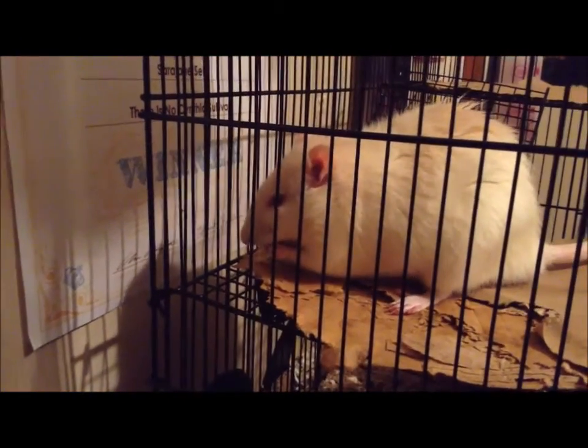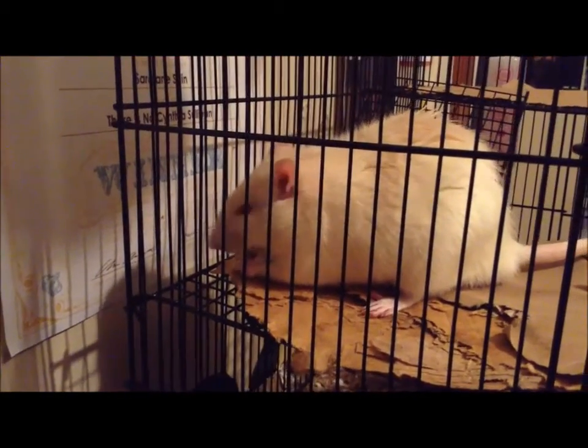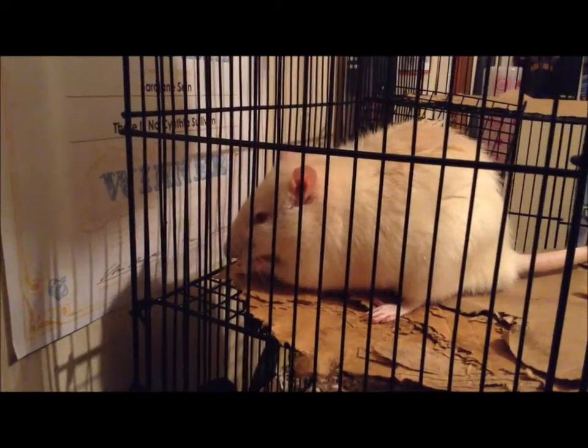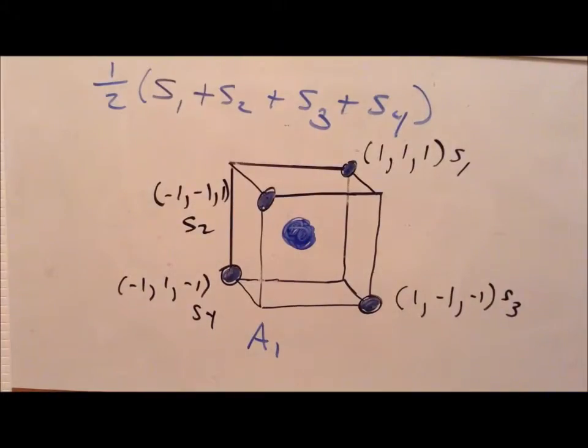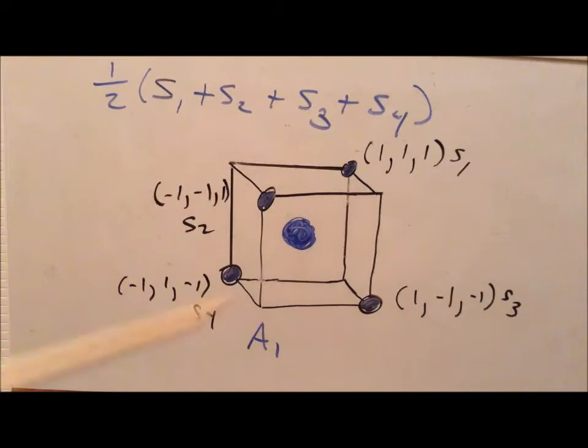A single rad is like a non-degenerate representation, like our A1 or A1g totally symmetric representation. For the A1 group combination, we are able to derive it as being 1/2 of S1 plus S2 plus S3 plus S4.